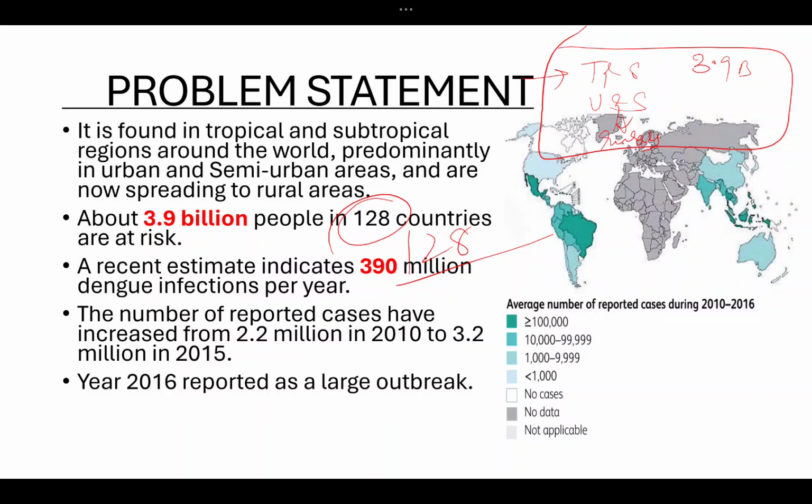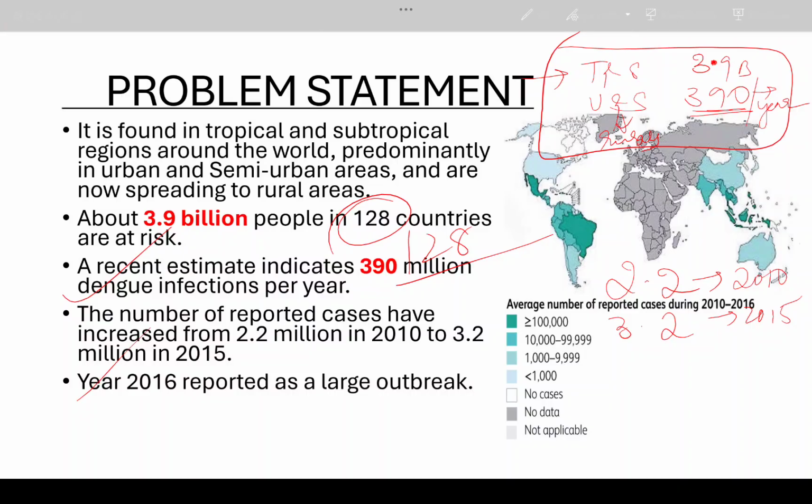A recent estimate showed that 390 million dengue infections are seen per year, and the reports increased from 2.2 million in 2010 to 3.2 million in 2015. In 2016 there was a large outbreak. Is it clear?